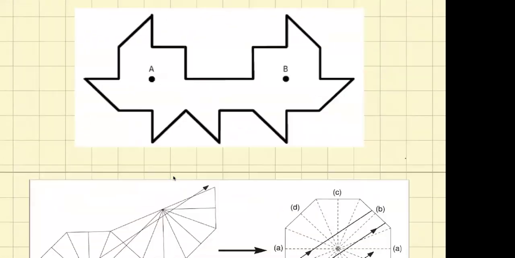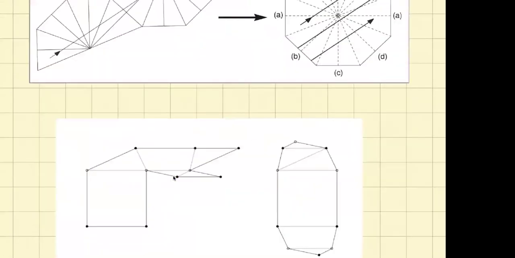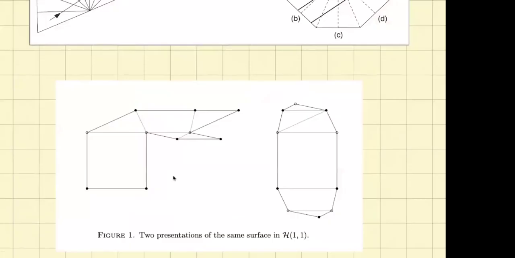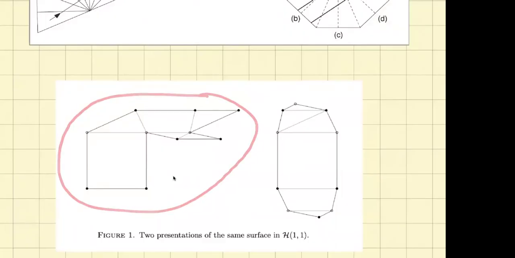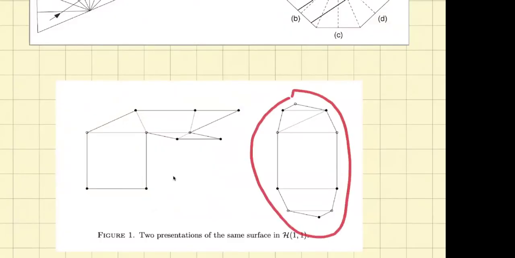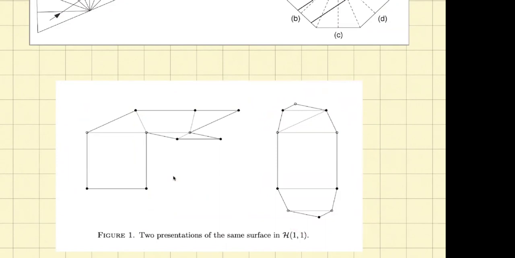So this is an example. I'm giving you an example of a translation surface, and this is one example. And this is another example, but it turns out that these two examples are equivalent, so they're actually the same example. So let's do this slowly. What you're seeing here is one polygon. And if you look at its edges, they fall into pairs of edges, which are parallel and of equal length.